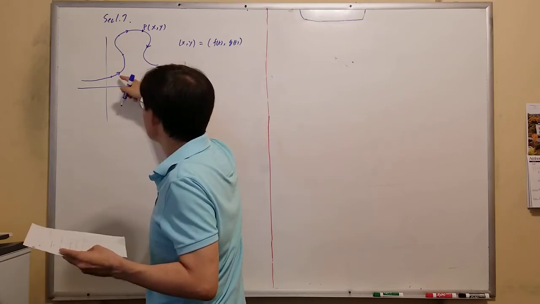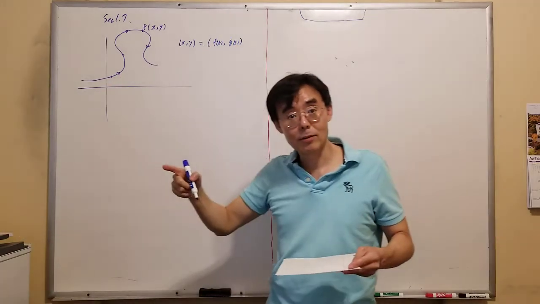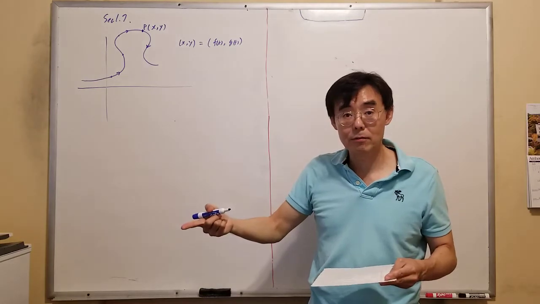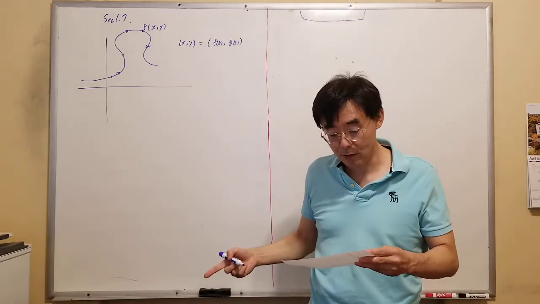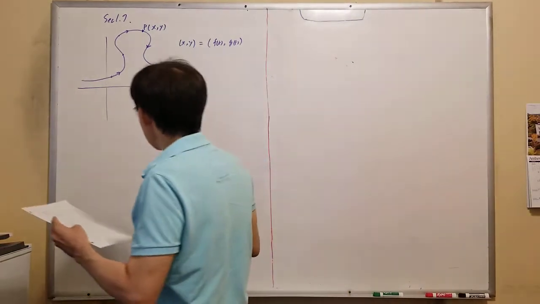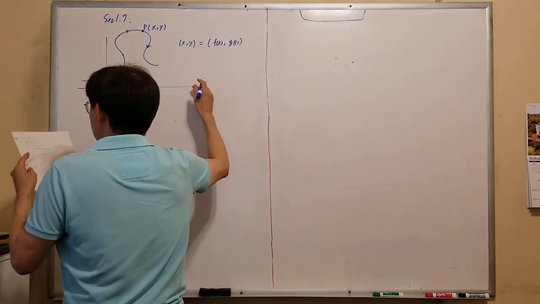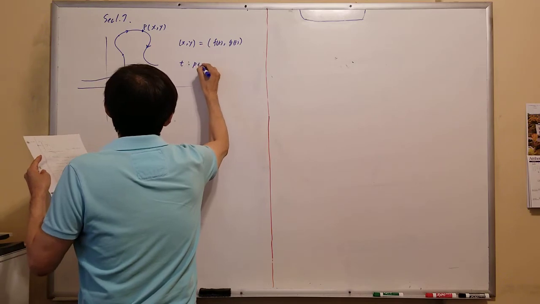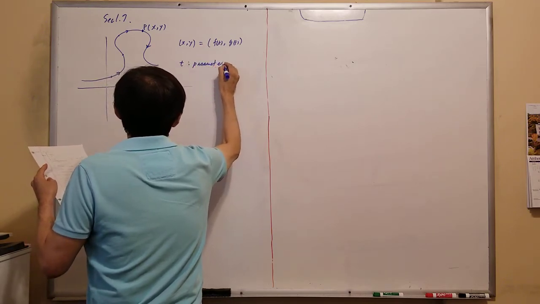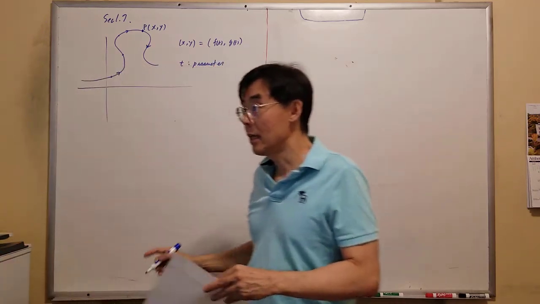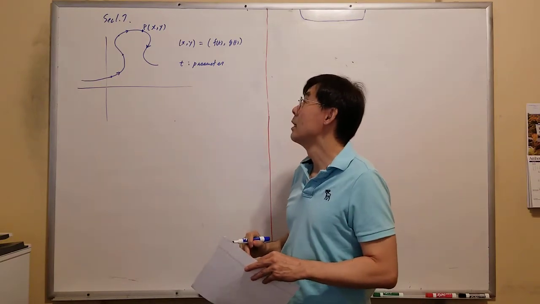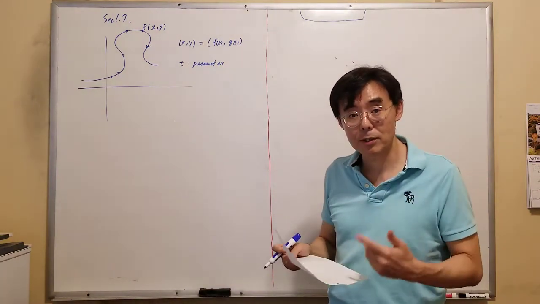Right? Different t values, different xy values. So x coordinate will be a function of time, y coordinate is another function of time. Okay? So here t is called parameter. Now, in our initial interpretation, t was a time, right?